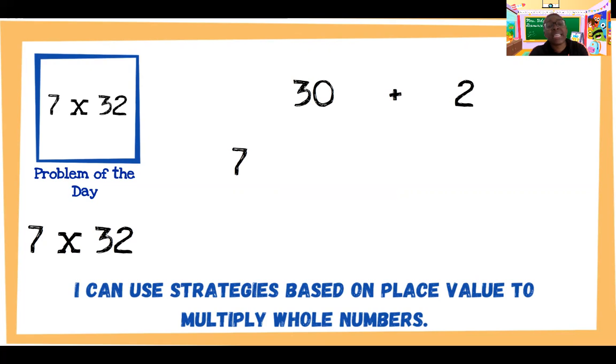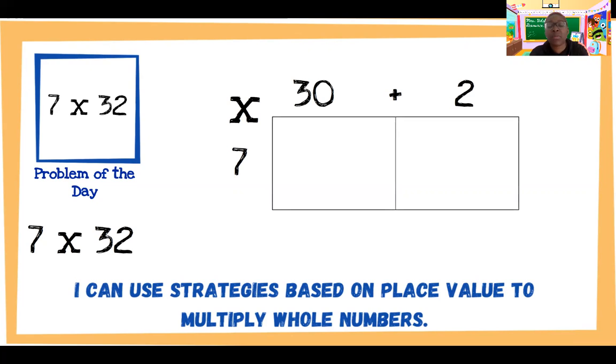Remember, the reason the area model works is because we are multiplying and coming up with partial products. Therefore, we are going to multiply our 30 plus 2 to our 7. And here's our little box that we're going to use to do that. So let's start with our first partial product.